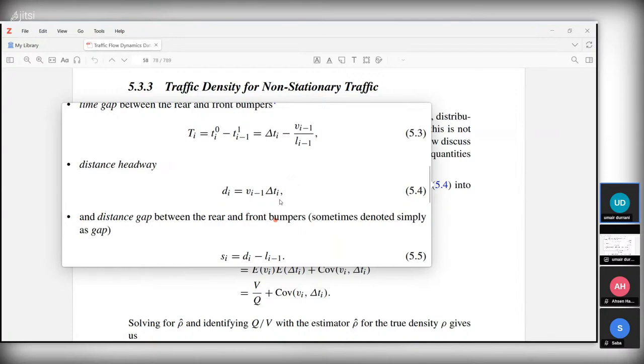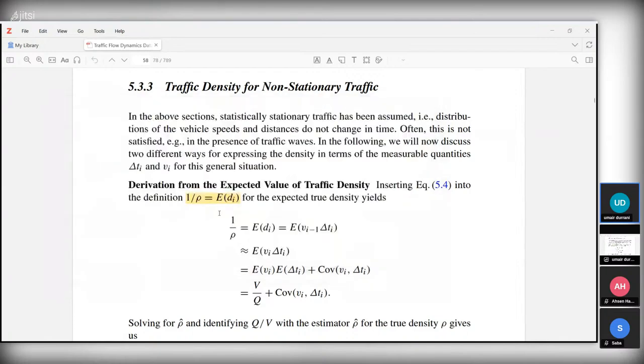Based on that, and based on the relationship between density and the distance headway, we get this: the density is correlated with the distance headway's arithmetic mean. We take all the distance headways from the vehicles, take an average of it. The reciprocal of that is going to be the traffic density. This is equivalent to the relationship between the traffic flow and the time headway.